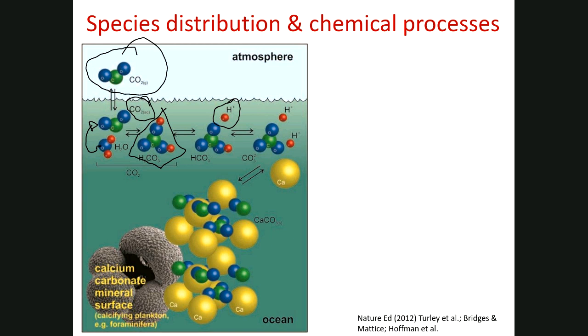Further along, this HCO3- is still slightly acidic, still has the capacity of losing a hydrogen ion, an H+, and can evolve to form the carbonate anion, CO3 2-. And that is still in solution.